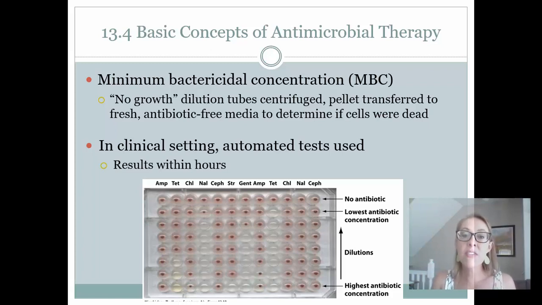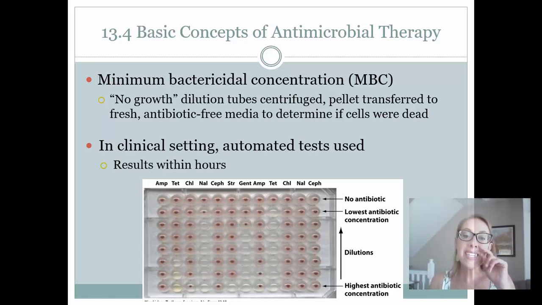So now, if the cells are capable of dividing, if they were alive, then they will begin to grow, and we'll see this fresh antibiotic-free media becoming cloudy. That tells us that they were still alive if they can grow in that fresh media and make it cloudy.